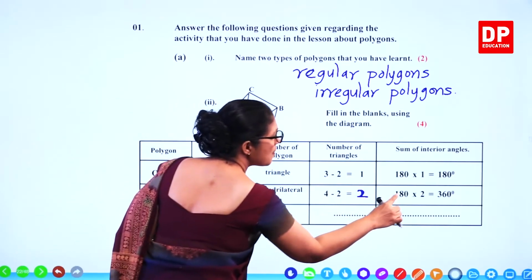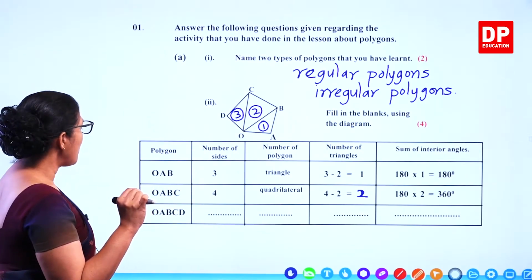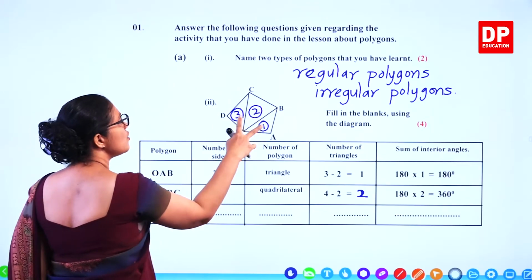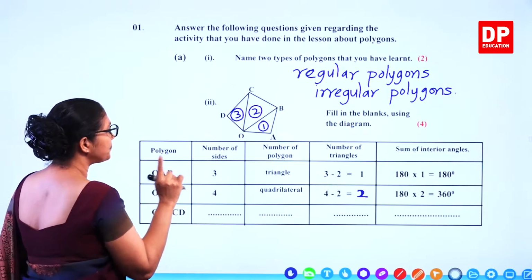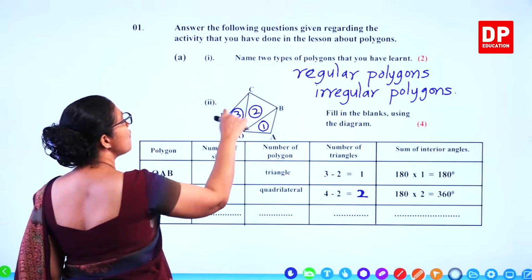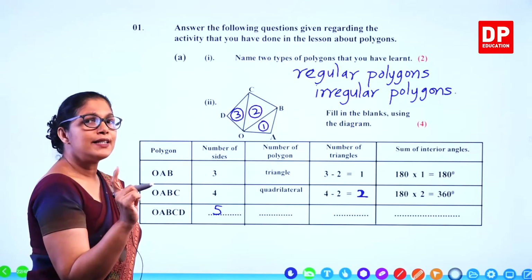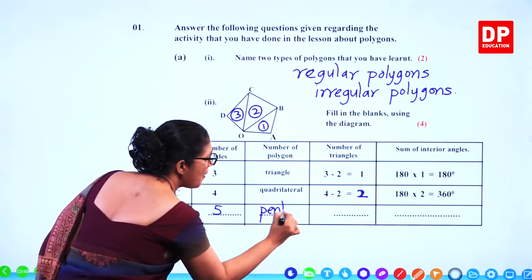So 2 times 180, you get 360. So what about OABCD? We can divide it into 3 triangles now. How many sides are there? 1, 2, 3, 4, 5. 5 sides are there. What do you call that polygon? That's a pentagon. A 5-sided one we call a pentagon.